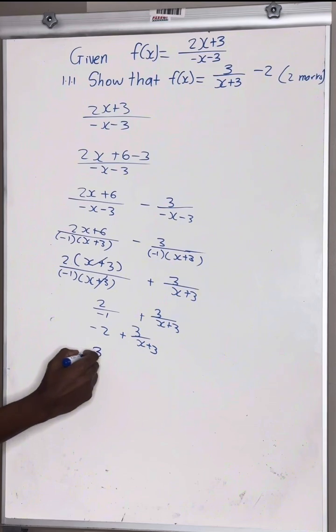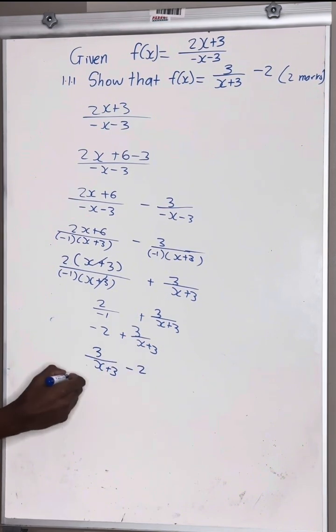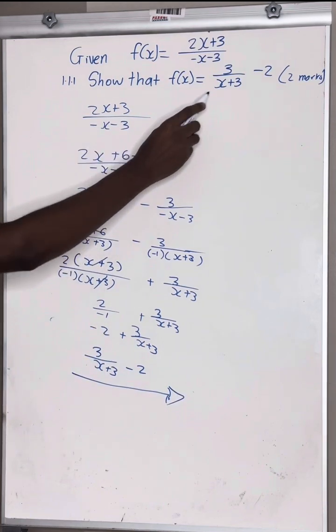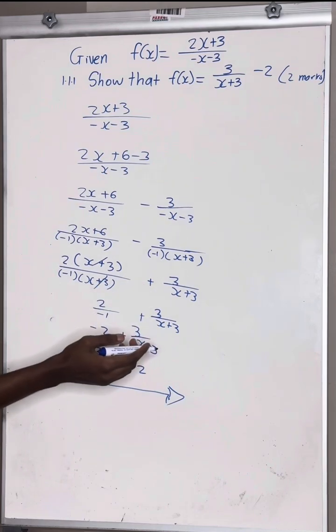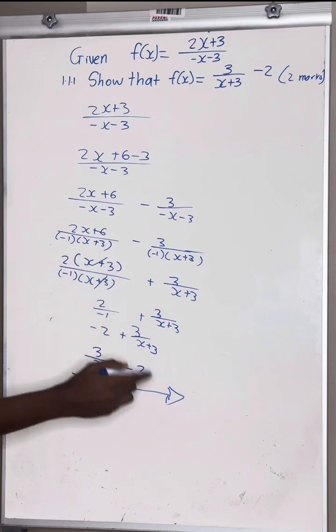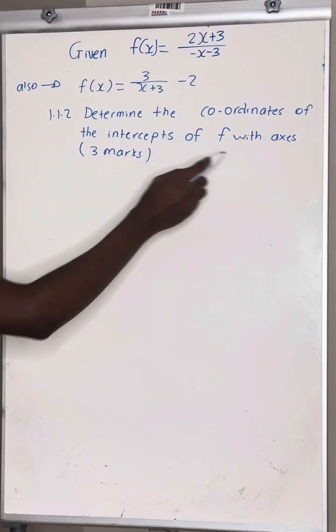It's going to be 3 all over x plus 3 and then minus 2. So we have shown that this function can be rewritten like that. This is only 2 marks. I don't know why it's supposed to be 2 marks. I think it's supposed to be even like 3 or 4 marks because there's a bit of calculations that we have done.